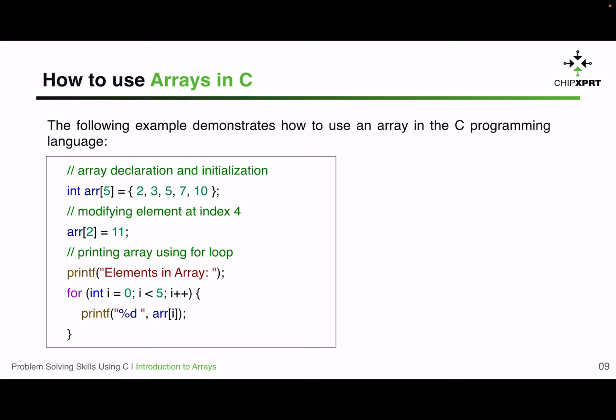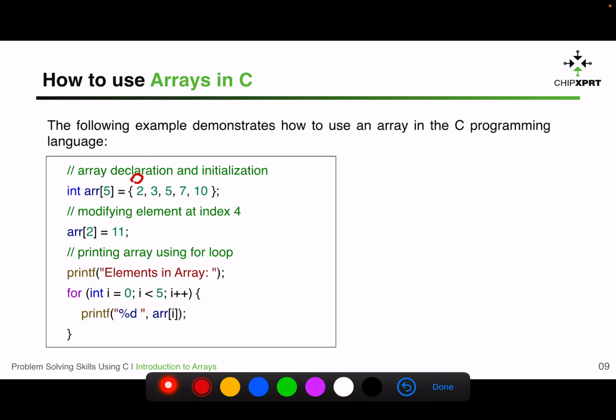And we access and modify the value at an index. This is the 0th index, this is index 1, index 2, index 3, index 4, and we are modifying the element at index 2, which is actually the third element. Okay, and then we are just printing the array, so we can access the variable using array[i].